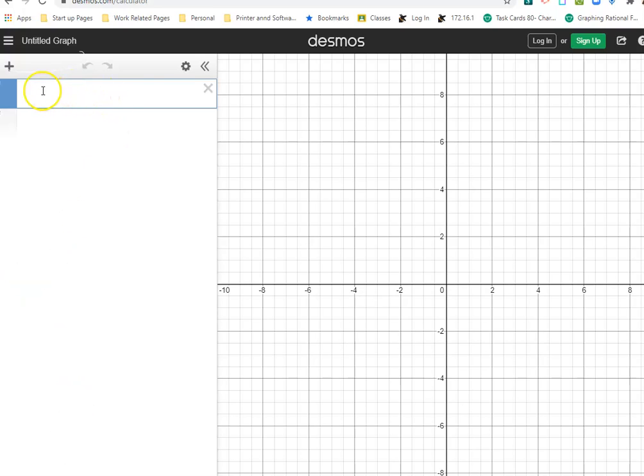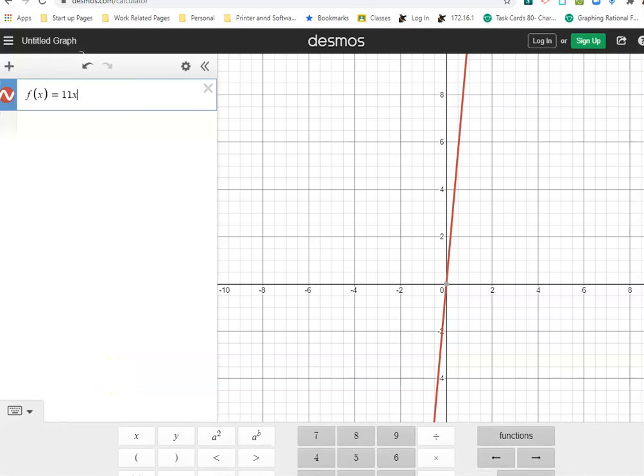And in this area right here, you're going to type in your function. Mine was f(x) = 11x. And if you're not sure how to do squared, down at the bottom there's a menu.